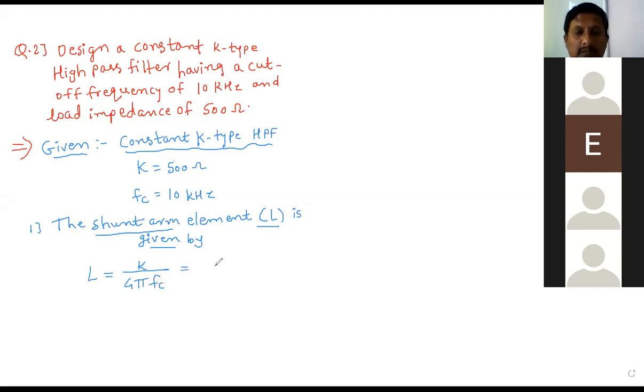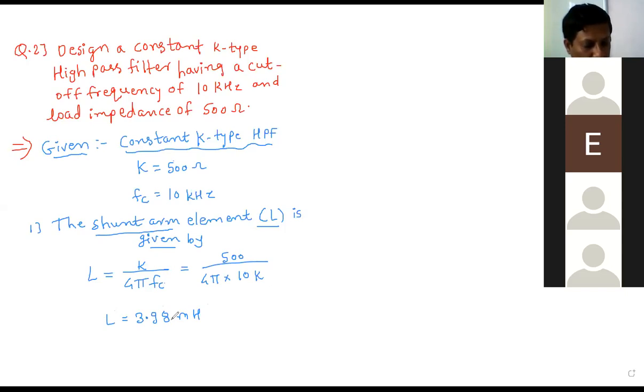So put the values. K is equal to 500 divided by 4 pi, FC is 10 kilohertz. Calculate and tell. 3.98 millihenry. So 3.98, almost 4.